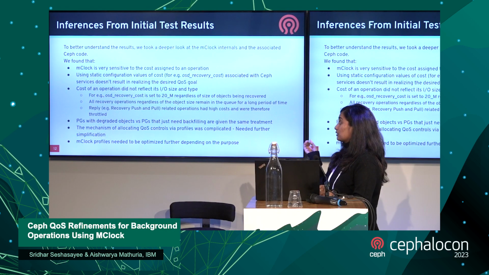An example of this is that OSD recovery cost is set to 20 megabytes regardless of the size of objects being recovered. This was causing recovery operations to remain in the queue for a really long time, even if the object size being recovered was really small. Also, reply-related operations had the same cost associated with them, and they were therefore throttled.